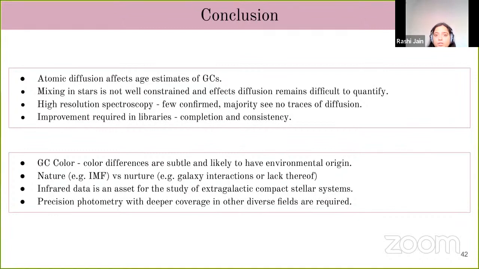But the importance of infrared data for the selection of globular clusters and the study of these differences is very important. But we need precision photometry with deeper and broader coverage in different fields to confirm these trends if they are seen, and to explain the origin of these differences.